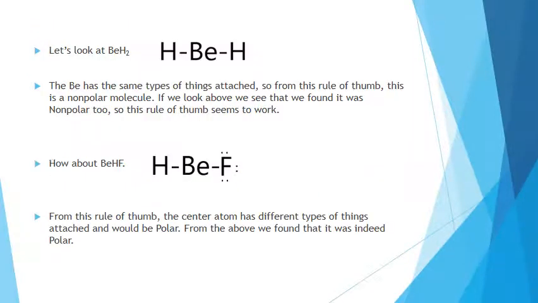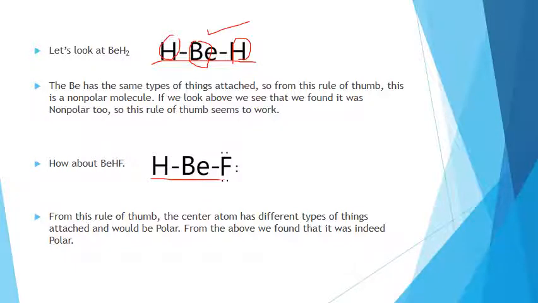So let's see if that works. Let's look at BeH2. We know this is nonpolar, but let's see if my rule of thumb works. The rule of thumb says if the center atom has the same type of thing attached, then it would be nonpolar. And voila, it is. Okay, so this seems to work so far.